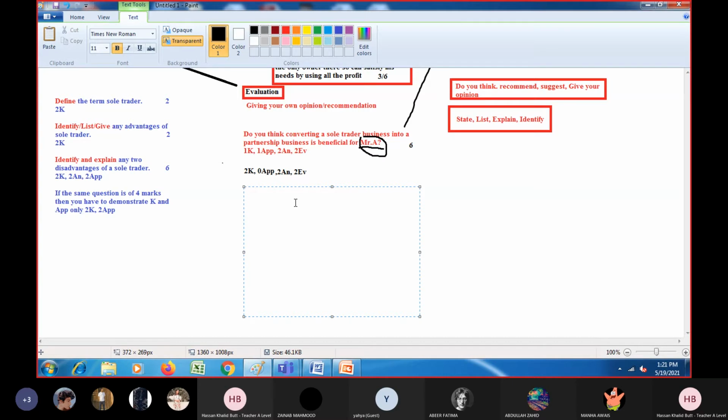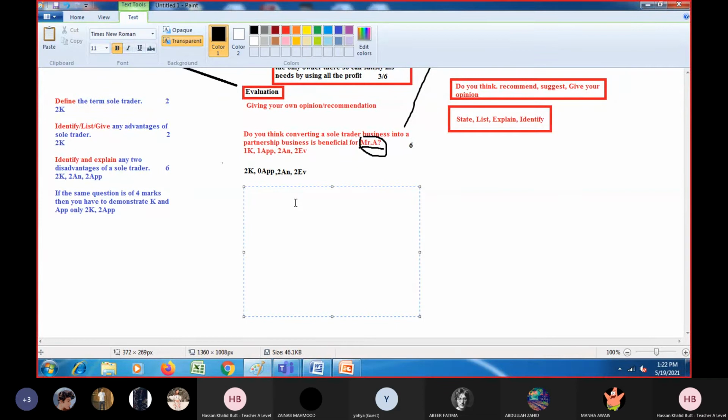What will you do? You will first give an advantage, an argument in favor of the statement that converting a sole trader business into a partnership business will be beneficial for Mr. A. You will mention it and you will develop it as well.